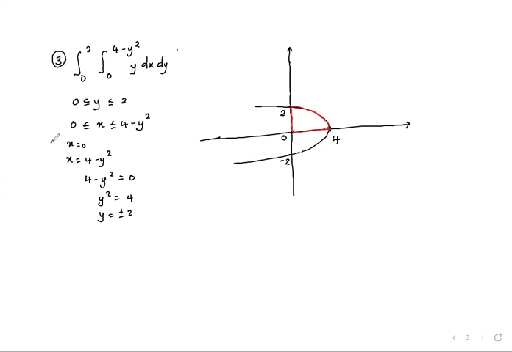So what do we do? We now change the order. We want to change the order: from 0 to 4 for x. And then for y, it will be from 0 again, from this line to the curve.